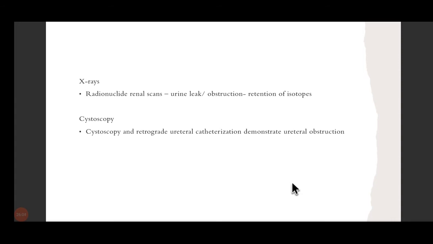Cystoscopy is indicated when you actually suspect an injury or a disruption in the distal urinary system to confirm the diagnosis. There could be a stone, there could be a tumor in the bladder, which is causing an obstruction.